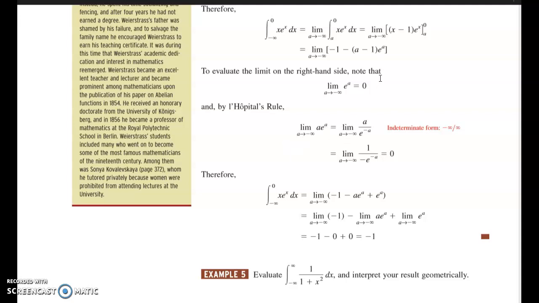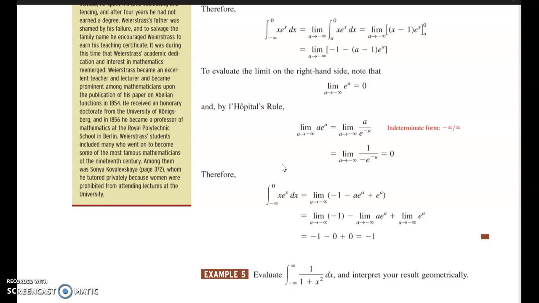Then what will be this one? In this, how will it become 0 here? a into e raised to a minus 1 into e raised to a. This equals a by e raised to minus a.